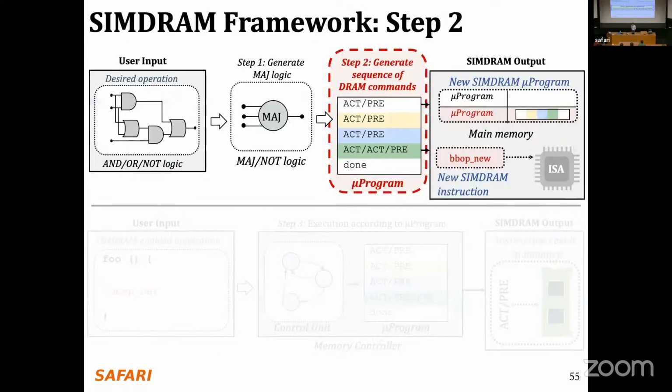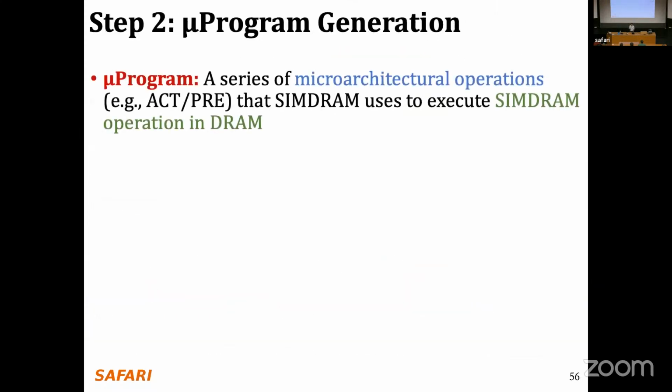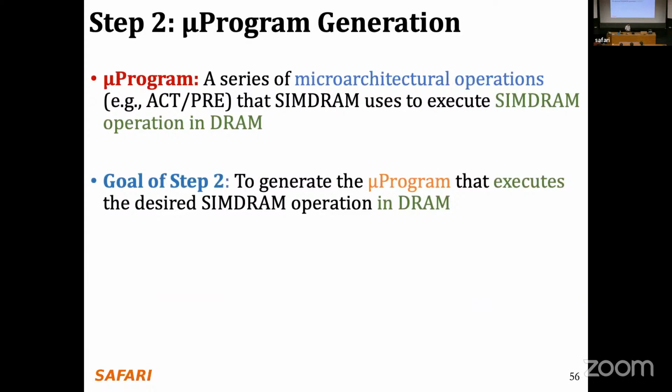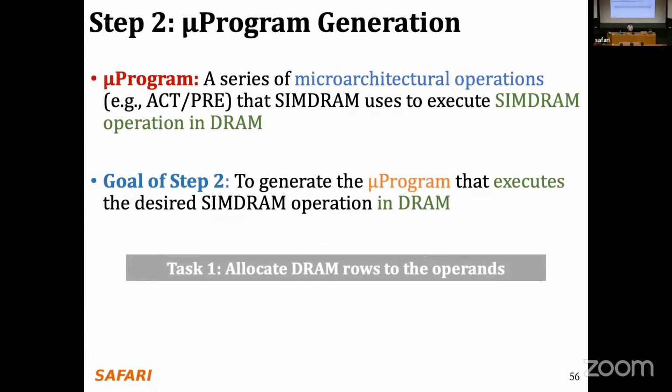So the second step is now responsible to translate this optimized majority-NOT gate into a sequence of optimized in-DRAM row copies or in-DRAM majority operations. We call this sequence of operations a microprogram. This step is further broken down into two tasks.